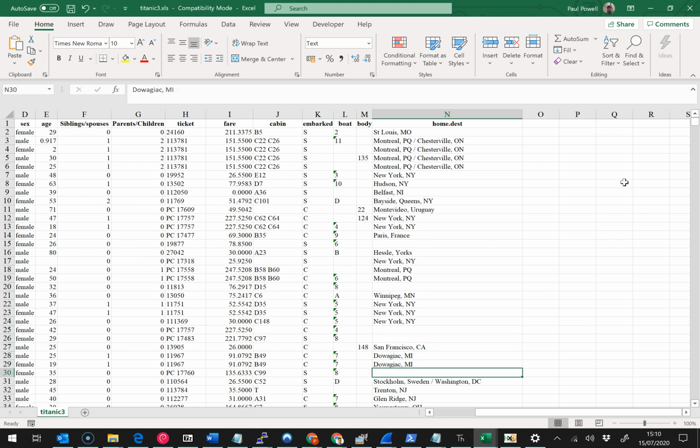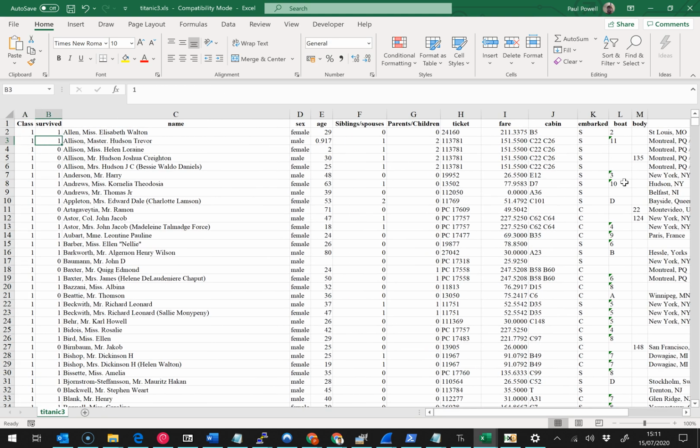And then if we have a look down here, this person was going from Stockholm in Sweden to Washington, D.C. I was just going to comment a bit more on this. So the embarked, there were 3 places they could have embarked. The first was Southampton, the second was Queenstown, and the third one was Cherbourg. So we'll do a little bit with that later.